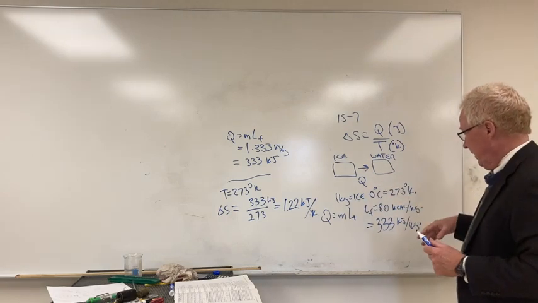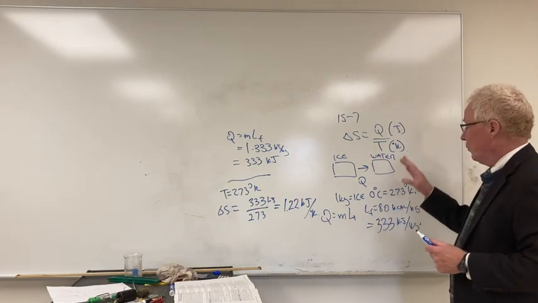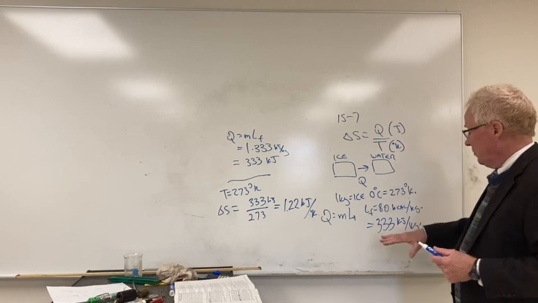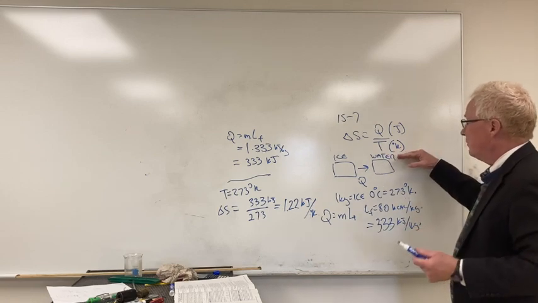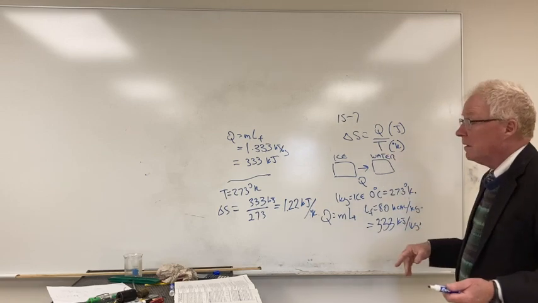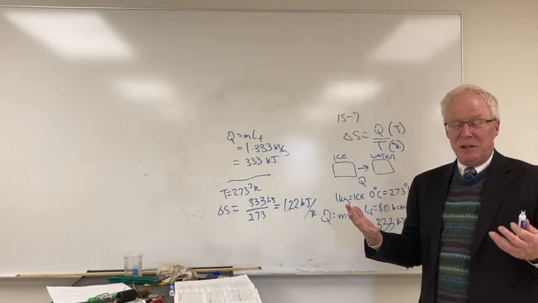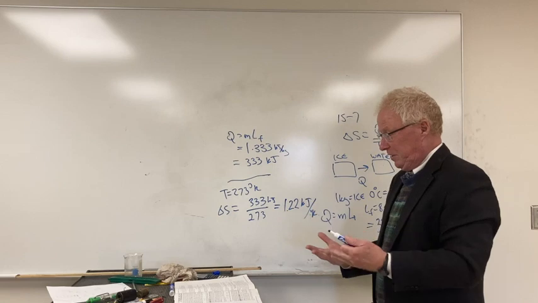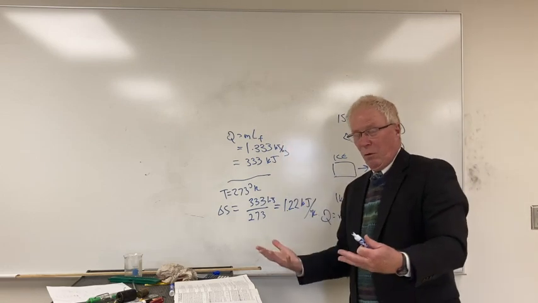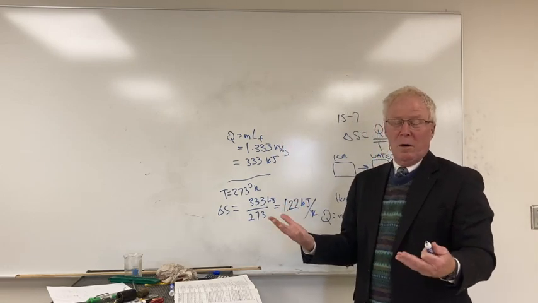Now in this case, it's kind of easy because we're doing it at a phase change, so the temperature is 273 degrees Kelvin. All right, now we don't always have that happening. What happens if we have entropy of mixing, say warm water and hot water, warm water and cold water?